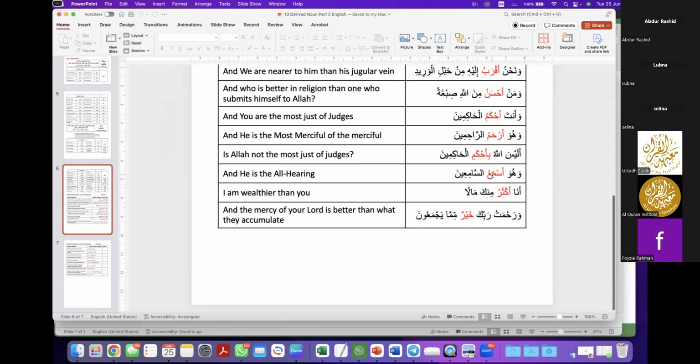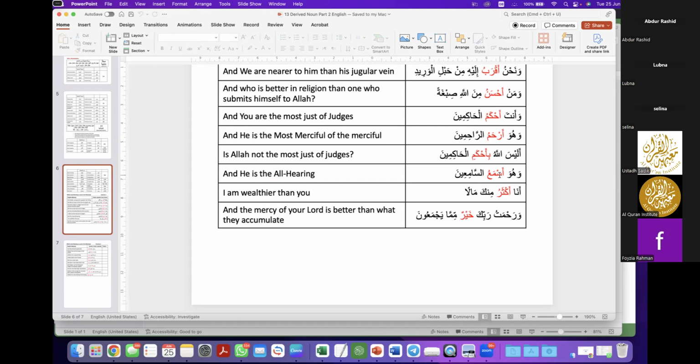Just a reminder for you. This is fine, as Brother Usman explained, mashallah. But in some situations, some of this ismul mushtaq may act as shibhul fi'l. Huwa asma'u as-sami'in. He is the all-hearing. What does it mean?